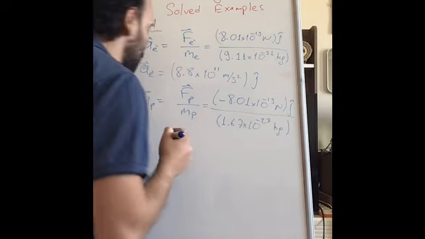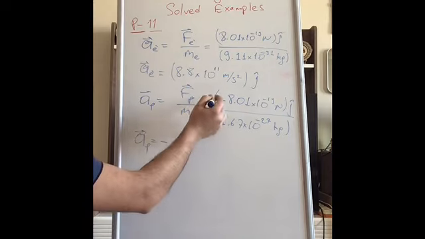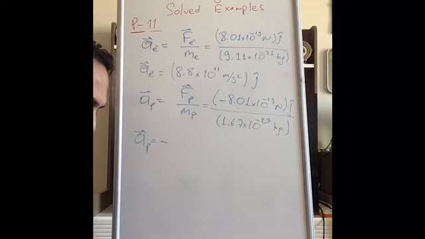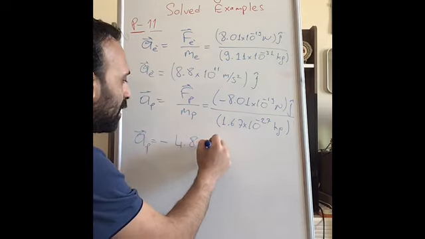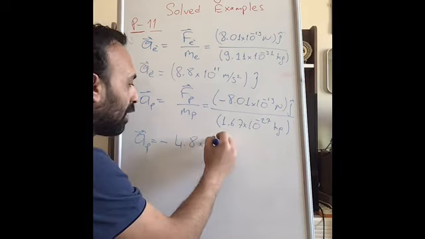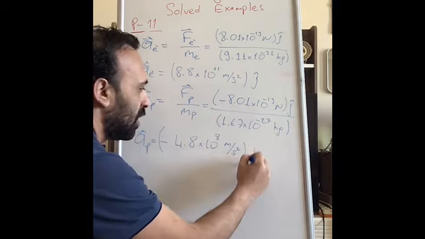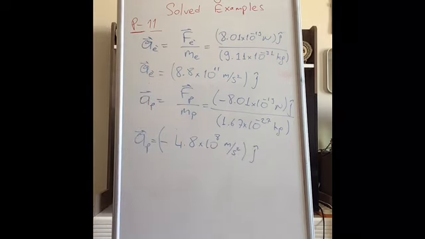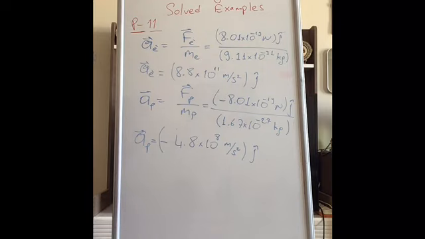And if you use your calculator, you will find the acceleration of the proton in the negative direction, because the force is in the negative direction, and the value will be 4.8 times 10 to the 8th meter per second squared, j. And again, see, the proton is accelerating downward while the electron is accelerating upward, as we discussed in the first part when we located them after they moved 5 millimeters.